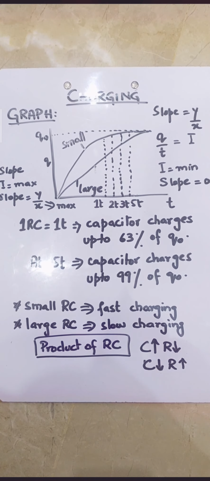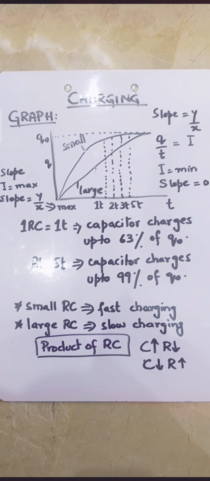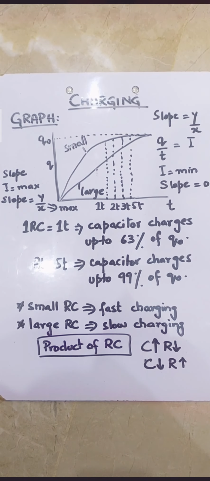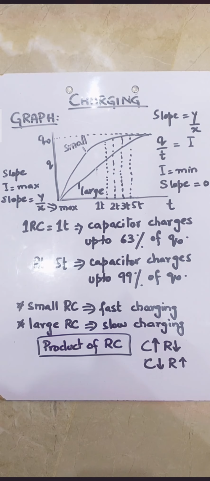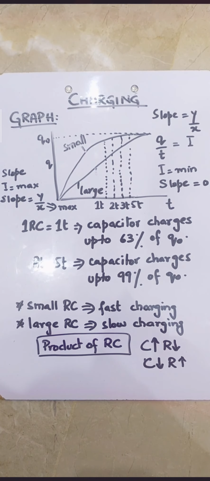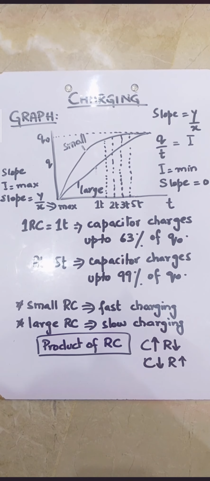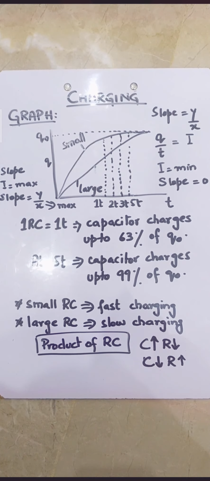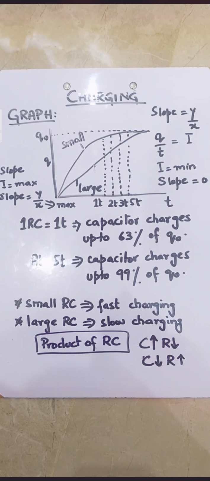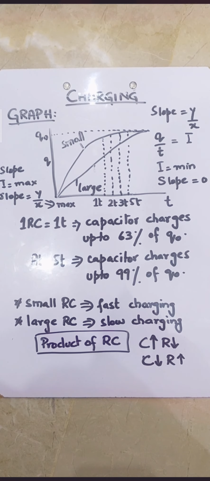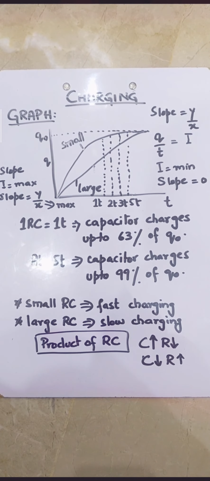Initially the electrons will rush towards the capacitor to store, so the slope is maximum. At the very end, when the capacitor is fully charged, no current will flow and the slope would be equal to 0. You can see our 1 RC is equal to 1T, and at that point the capacitor has been charged up to 63% of Q naught, and at 5T the capacitor charges up to 99% of Q naught, as you can see in the graph.